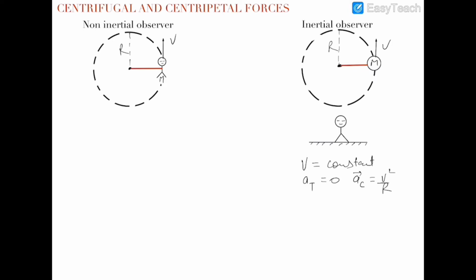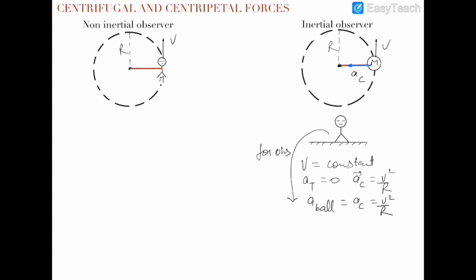Now this centripetal acceleration is directed towards the center, and we know that for this observer, the ball is accelerated and the acceleration of the ball is equal to AC, which is equal to v square by r.